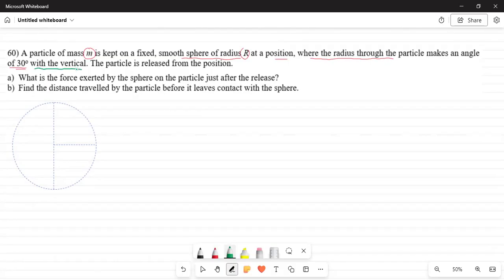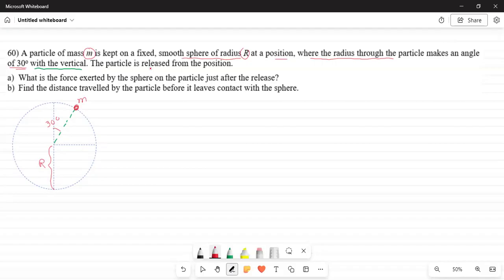This is to be noted. So let us say this is 30 degrees with the vertical. So initially the particle is here. To start with, the particle is here and this angle is theta. And the radius has been told, the radius is r. And the mass of the body m also has been told, right?